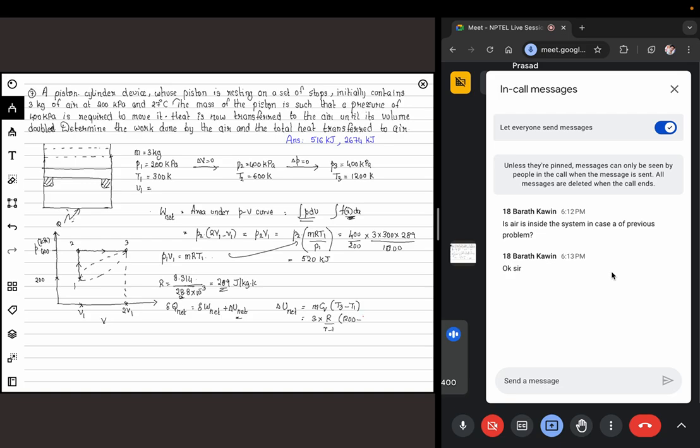1200 minus initial is 300. So if it is a diatomic gas, the value of gamma is around 1.4. So this will be 0.4. So just to convert into kilojoules.